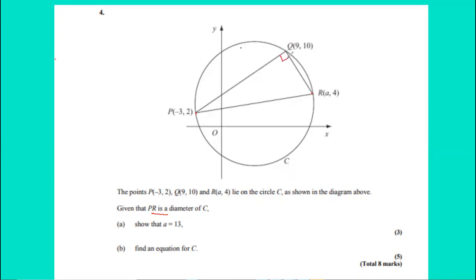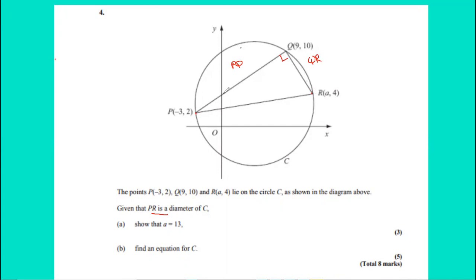So this is 90 degrees. The angle in a semicircle, where it meets the circumference, is 90 degrees. So that therefore means that PQ is perpendicular to QR. It means that the gradient of PQ is going to be the negative reciprocal of the gradient of QR.